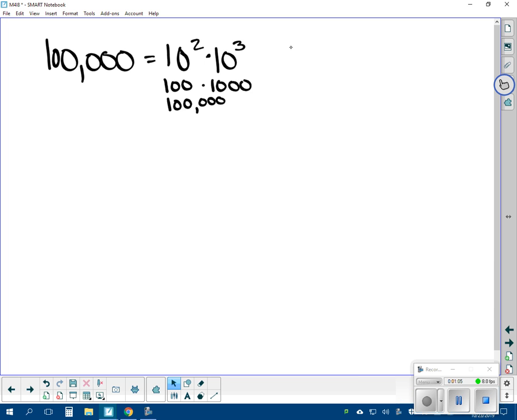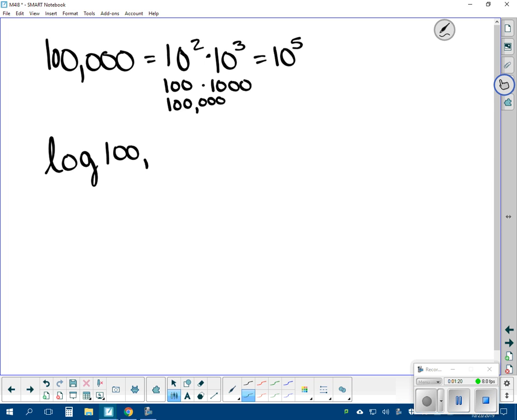Okay, and we know that would be the same as 10 to the fifth power, because when you are multiplying the same bases, you add the exponents. Now suppose we want to find log of 100,000. Well, this is a common log, right? Which means it's base 10.